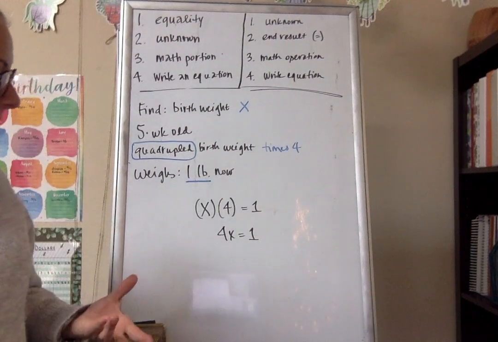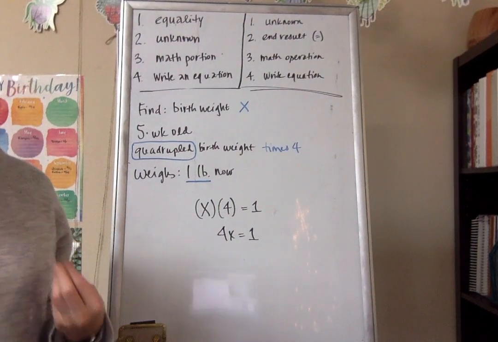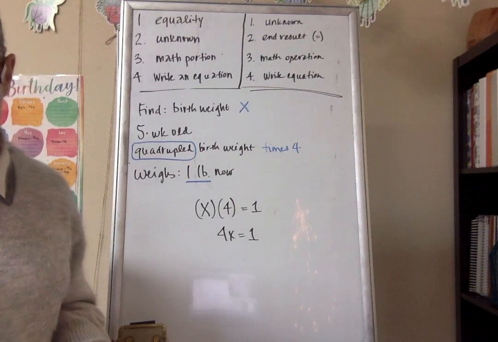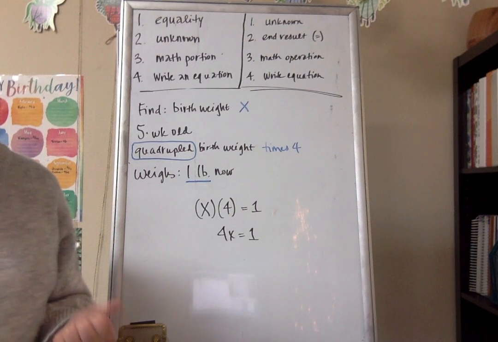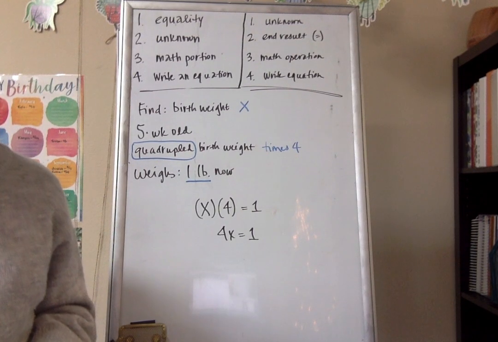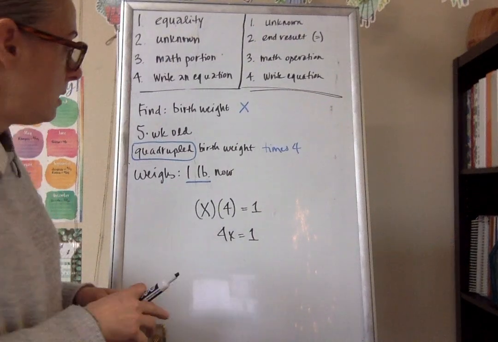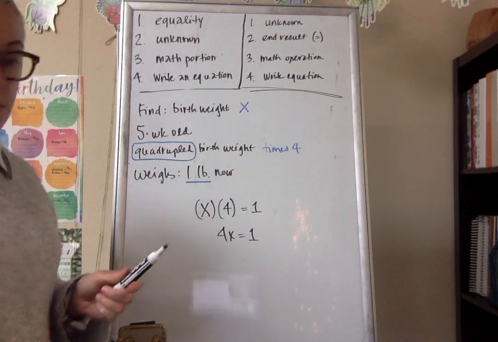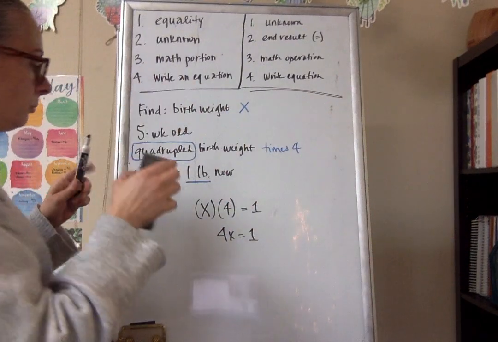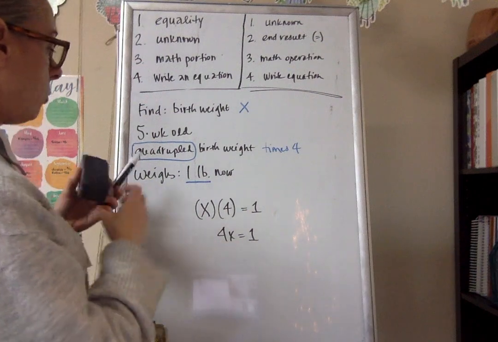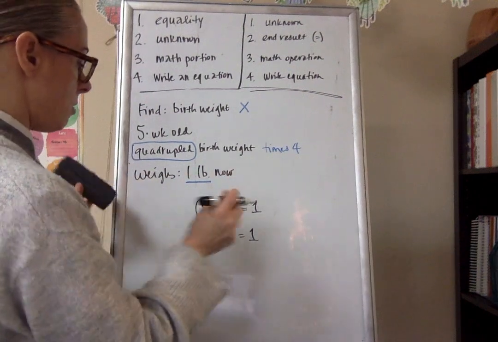Now, part B tells us to find the additional number of pounds this kitten needs to gain to weigh 4 pounds by age 16 weeks. Okay? So, let's see. We know that it weighs 1 pound right now.